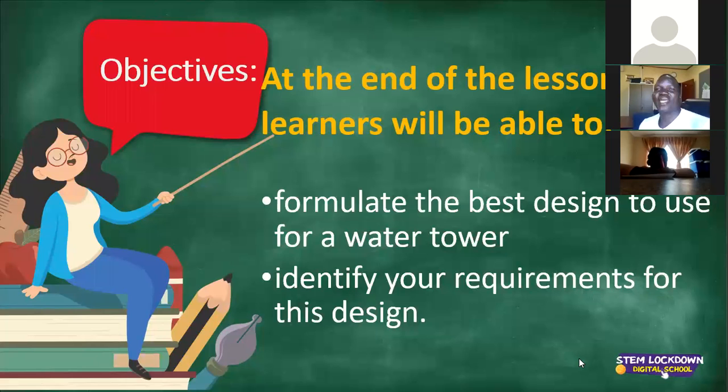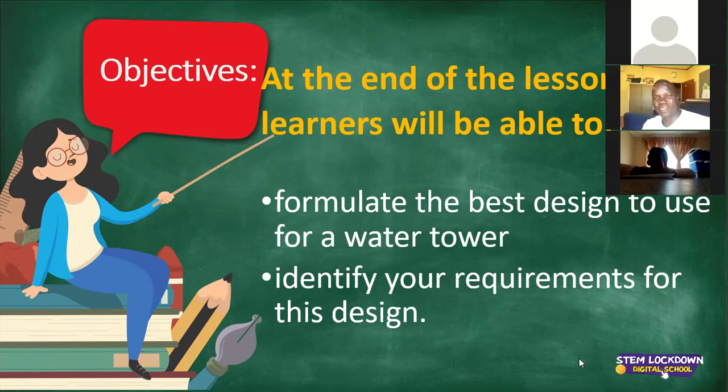The objectives for today are that at the end of the lesson, you must be able to formulate the best design to use for a water tower, and you must also be able to identify your requirements for this design. These are the only two objectives for this day. I hope you are going to enjoy and listen, so that you are able to do your own project for term 2.